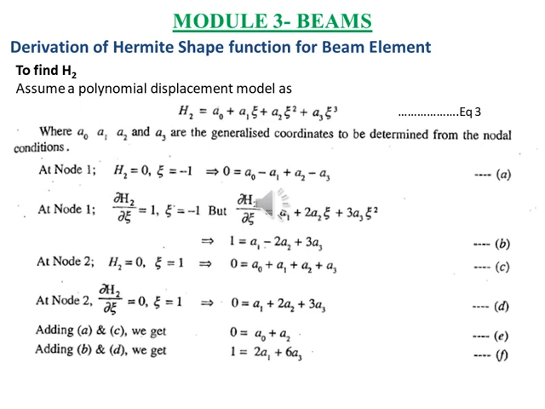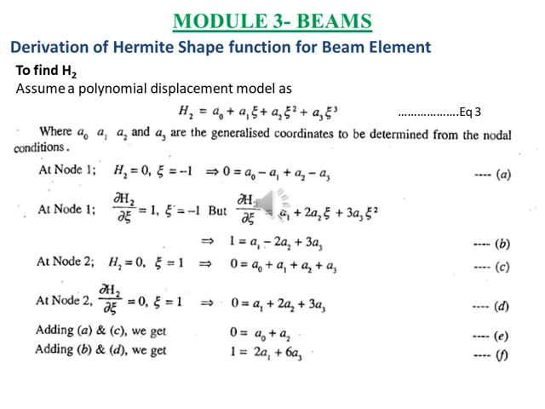Now adding equation A and equation C, we get 0 is equal to a0 plus a2, and adding equation B and D, we get 1 is equal to 2a1 plus 6a3. But from equation F, we know that a1 plus 3a3 is equal to half, or in simple words, a1 is equal to half minus 3a3, and a0 plus a2 is equal to 0.